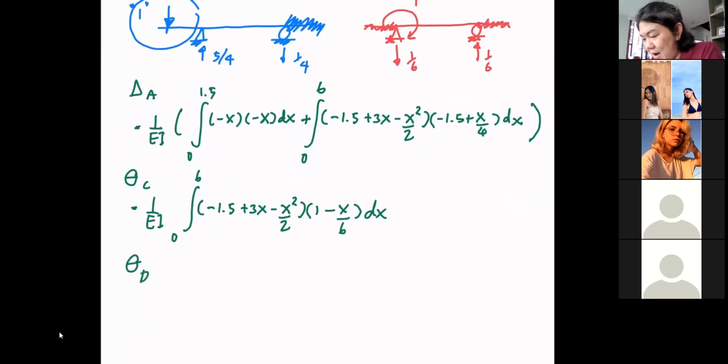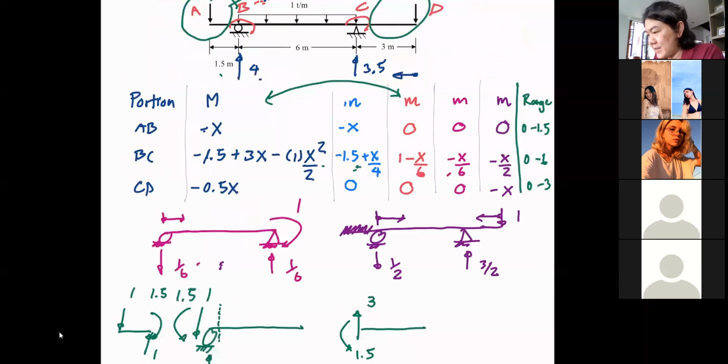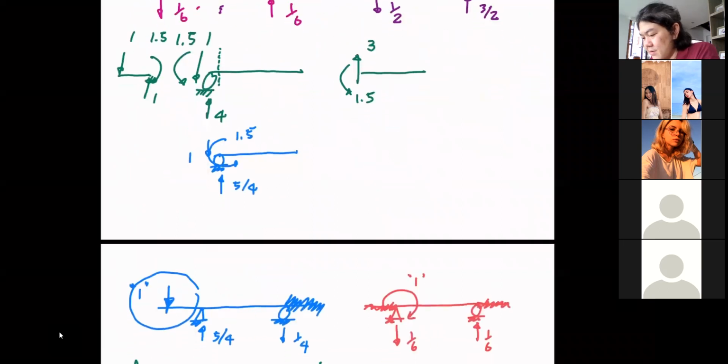Okay. The third term, delta D now, this is going to be again 1 over EI. For delta D, we also have almost everything at 0. Okay, for delta D, it's now this couple. All right. So it's almost pretty similar to this.